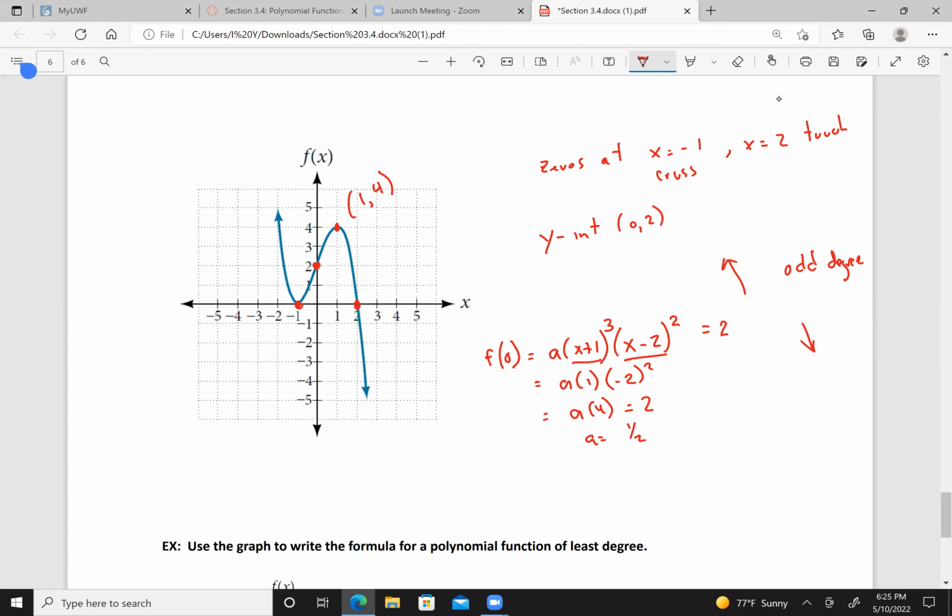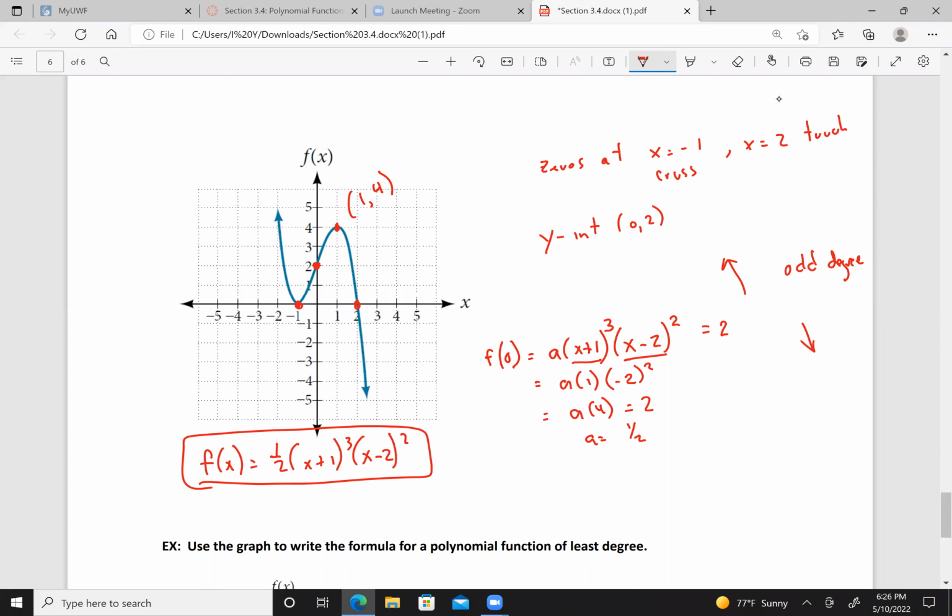If we find f of 0, we still have 1 times -2 squared, 2, so a is 1/2. Now we're going to say that f of x equals 1/2 x plus 1 cubed x minus 2 squared. That's what we're saying it is.